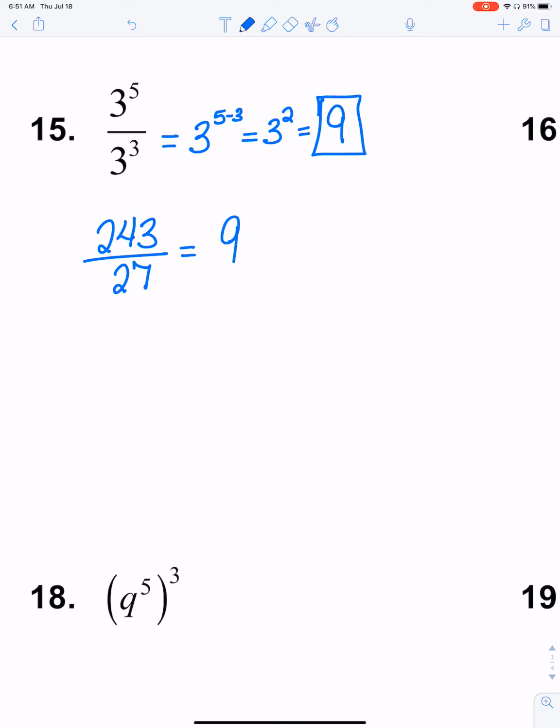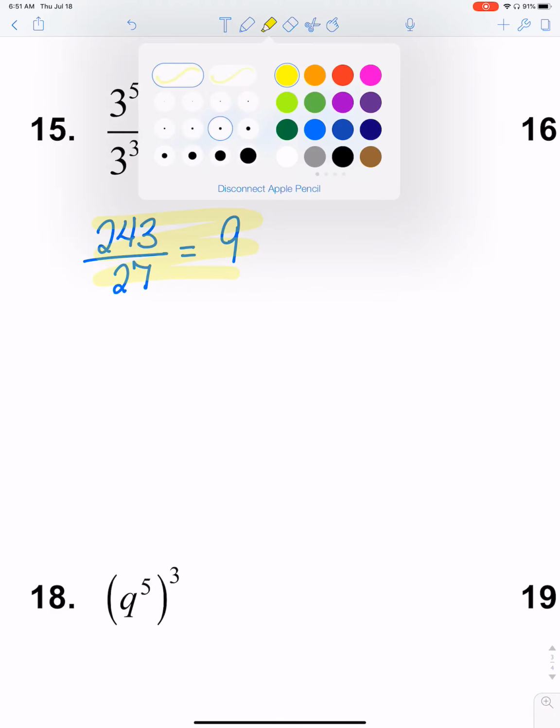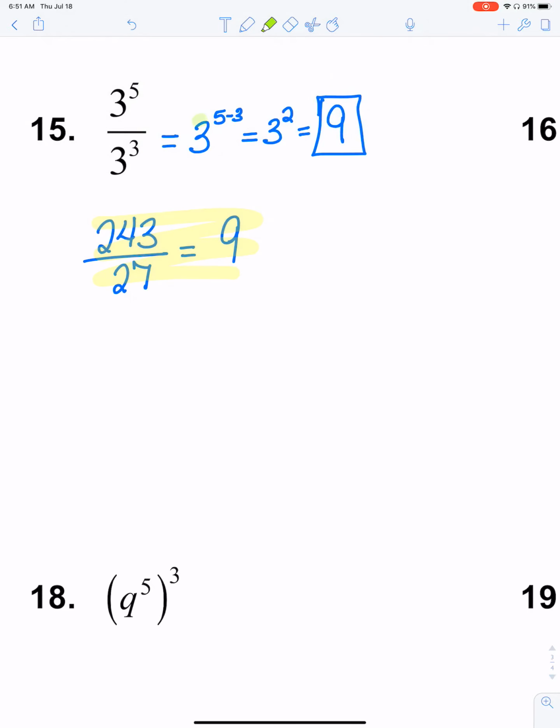So this here proves that yes, this property is valid and it does work, okay? But I would much rather do something like this because it is so much easier and you can make the computations in your head. That's what all of these properties are about, making life easier on you guys.